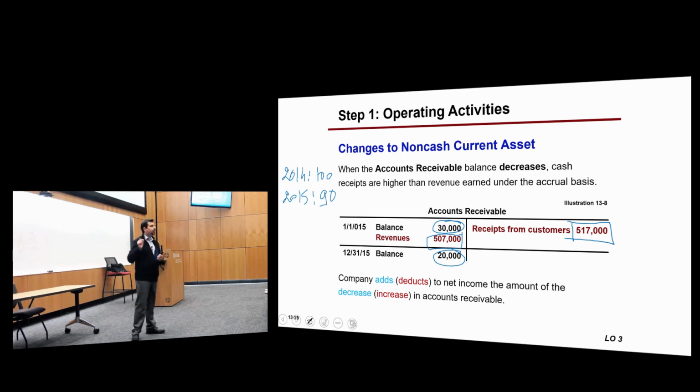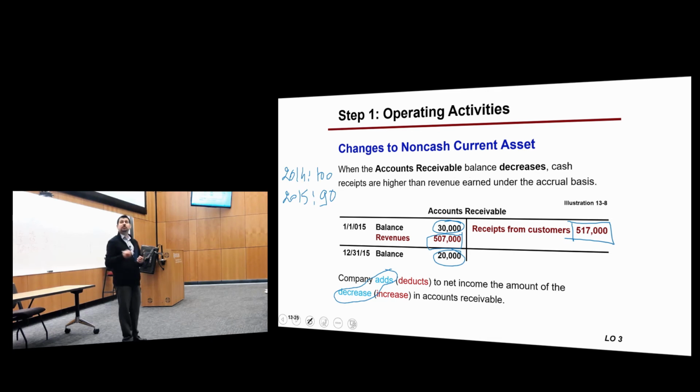This example is a decrease in accounts receivable. So when you have a decrease in accounts receivable, you add it. If you have an increase in accounts receivable, that means that the company this year recorded those revenues, however, they did not collect all of them.